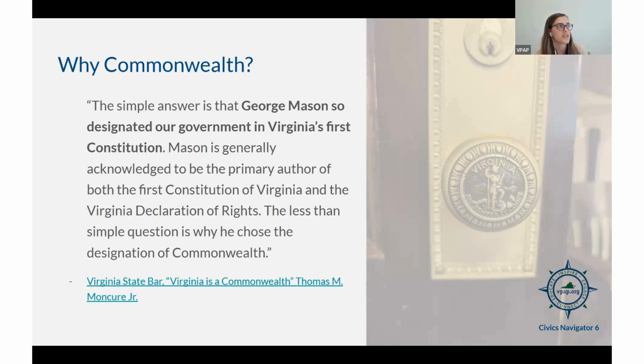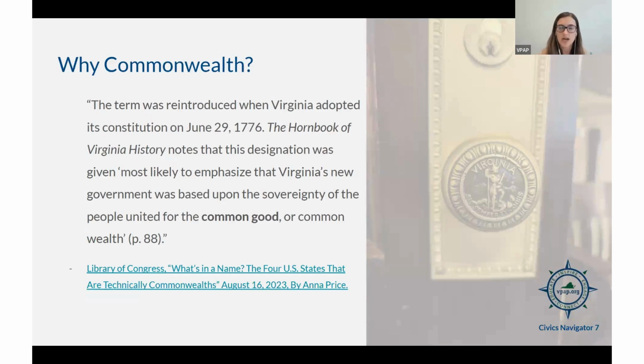But the simple answer for us today is just that George Mason designed it that way. He chose to designate our government as a Commonwealth in our first Constitution, and then went on to write the Declaration of Rights, which then became the basis for the Bill of Rights for our country. And so we are among 4 states that designate themselves as a Commonwealth.